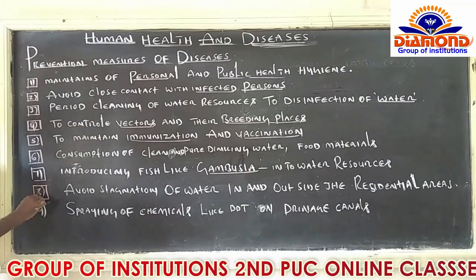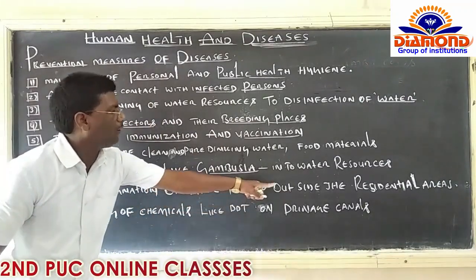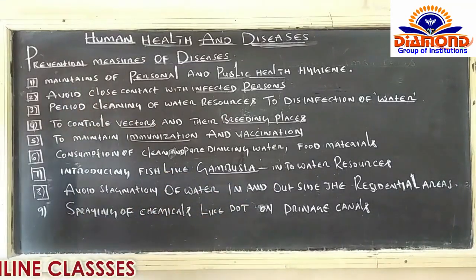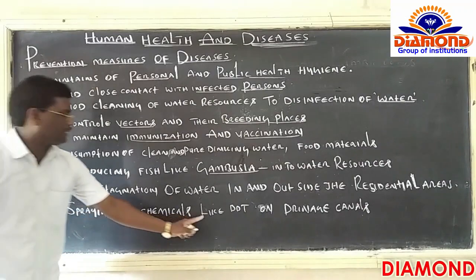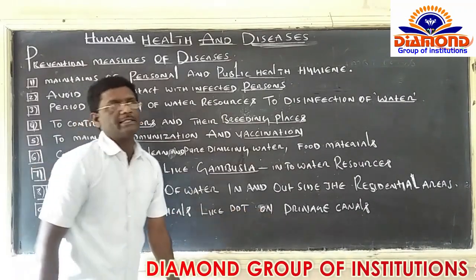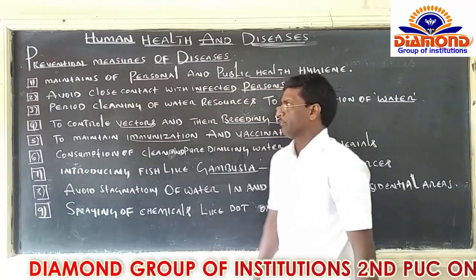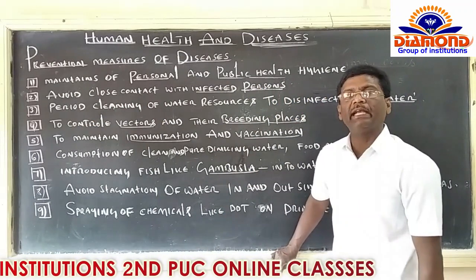Point number 8, avoid stagnation of water in and outside the residential areas. Lastly, point number 9, spraying of chemicals such as DDT on drainage water surfaces. These are all the different types of preventive measures to avoid any disease.